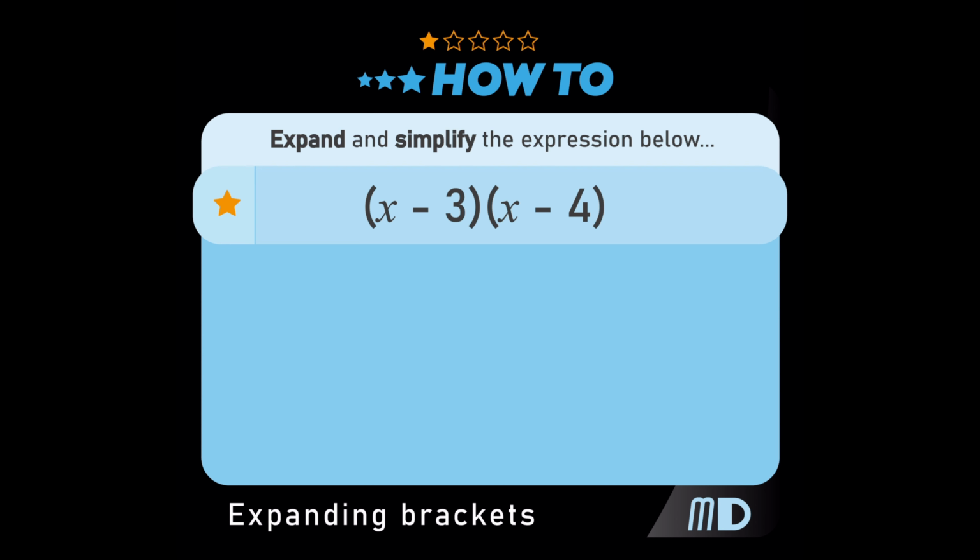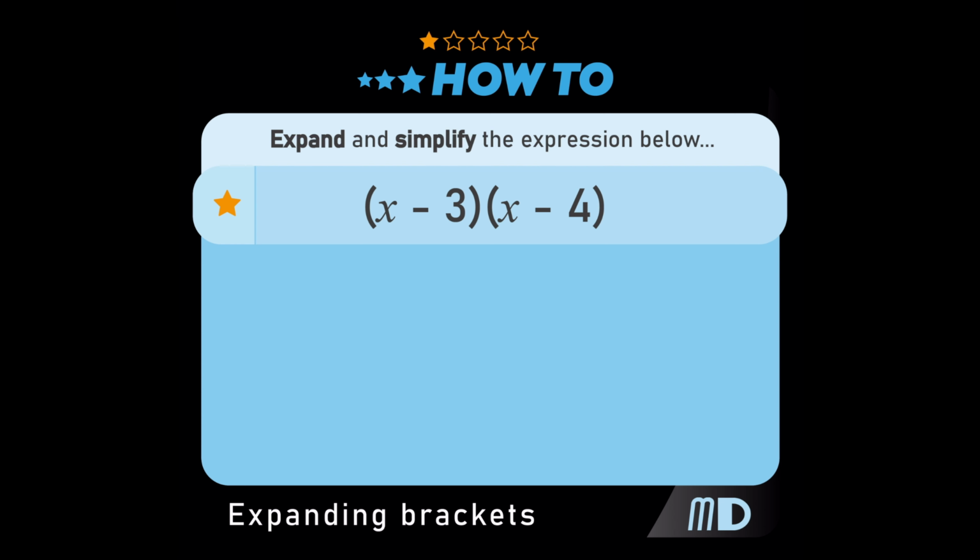The expression here is x minus 3 enclosed inside one pair of brackets, multiplied by x minus 4 enclosed inside a second pair of brackets.